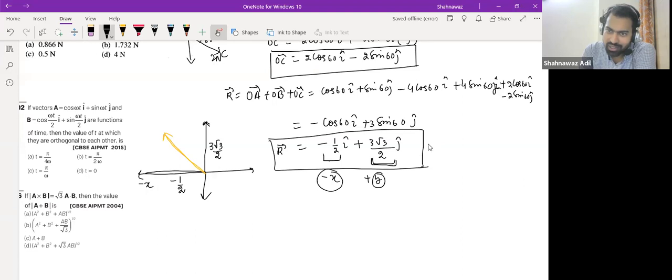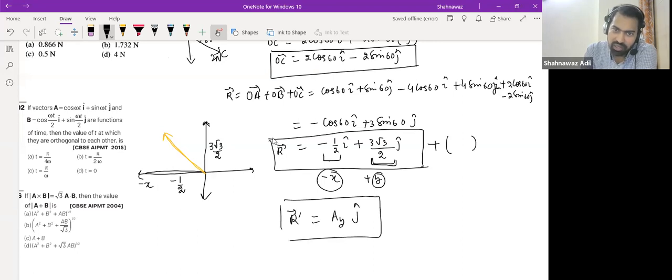What do I add to this vector so that I get a vector only in the y direction? This part survives and the x part gets cancelled.